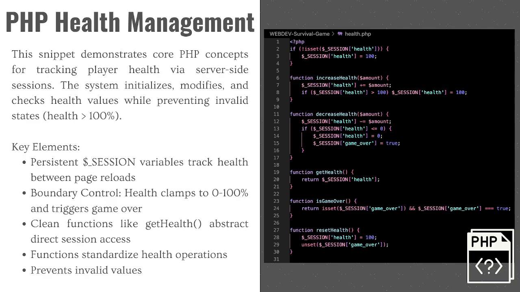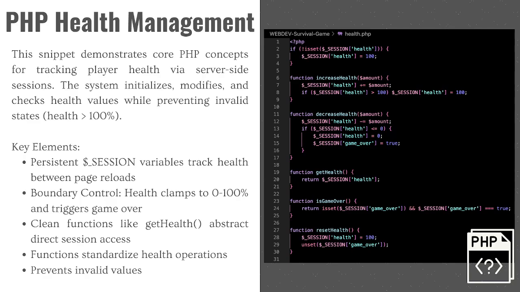Okay, for the PHP health management, this demonstrates the core PHP concept for tracking player health by server-side testing. The system initializes, modifies, and checks health values while preventing invalid states.